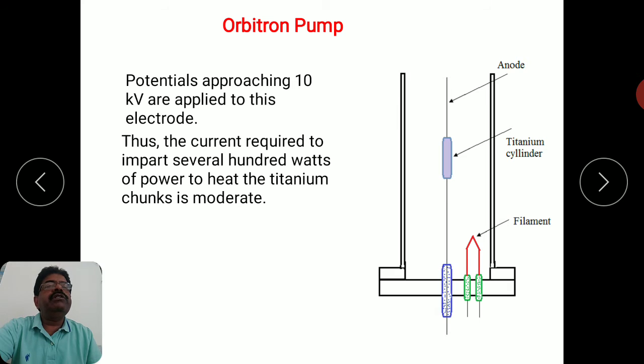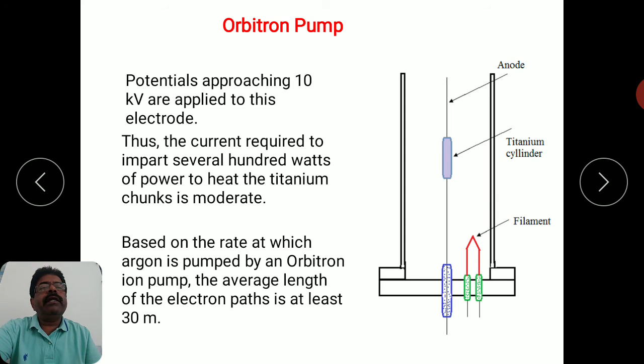With such a very high potential, the current required to impart several hundred watts of power to heat this titanium chunk is moderate, because the electrons will be accelerated, and whatever heat is required will be provided by the collision of the electrons accelerated due to such high potentials.